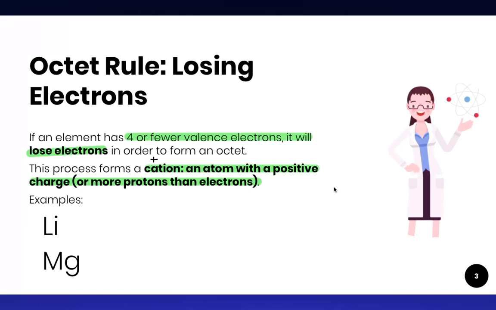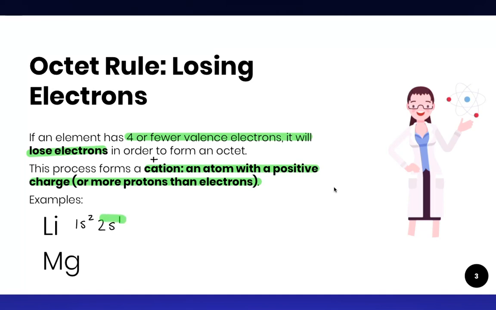Two examples of cations are lithium and magnesium. Lithium's electron configuration is 1s2 2s1.